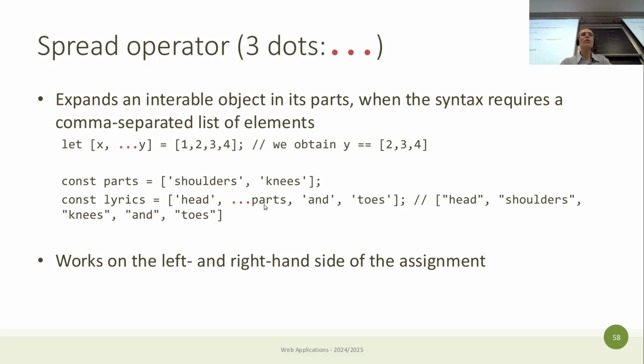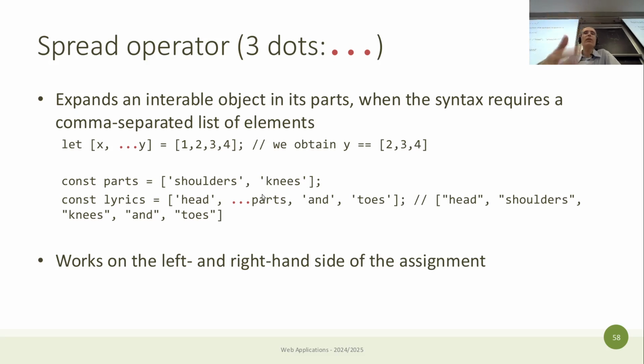It works also in the middle, as you see here. It gets expanded also in the middle. So you have head, three dots parts, and tools, and you will end up with head, shoulder, knees, and tools. So this is expanded into various elements.